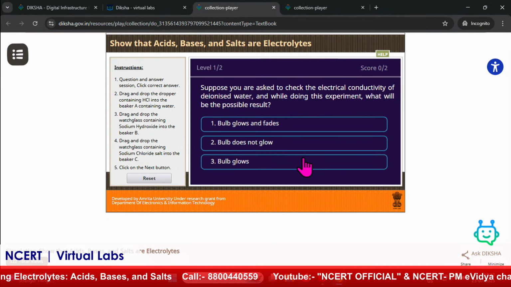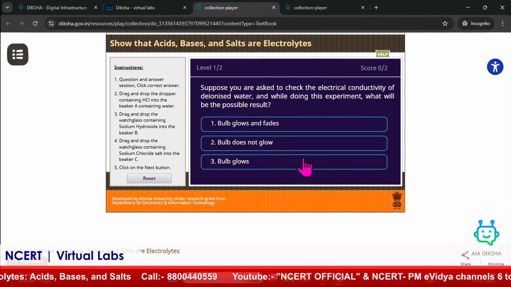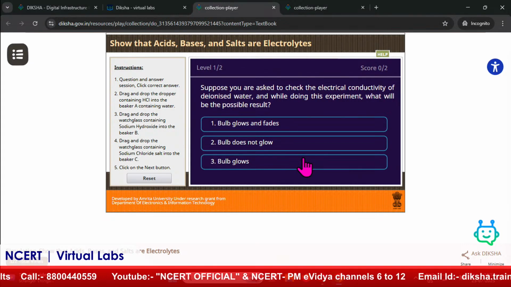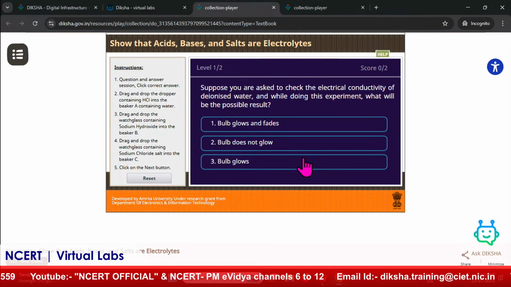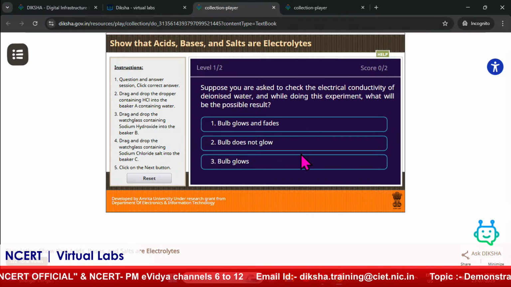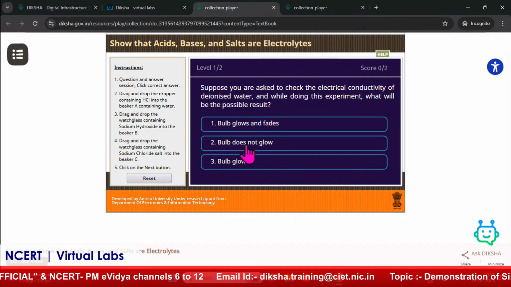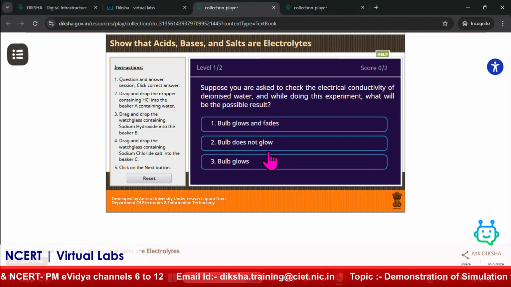Here we can take a moment to think about it, because deionized water means there are no ions in the solution. Just in the beginning I told you that ions are responsible for the electrical conduction of these solutions. So definitely the bulb is not going to glow here.